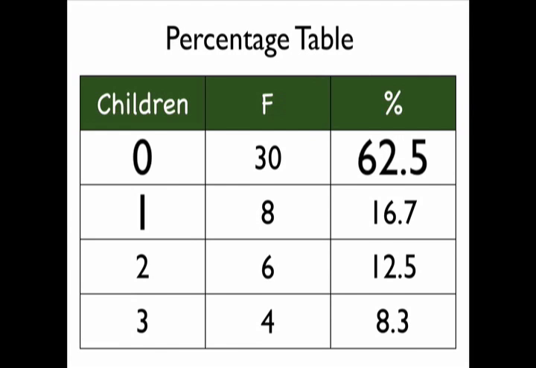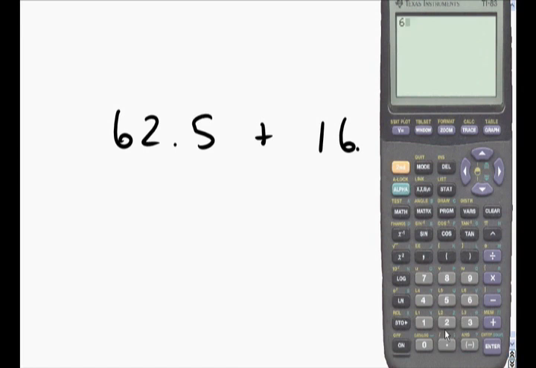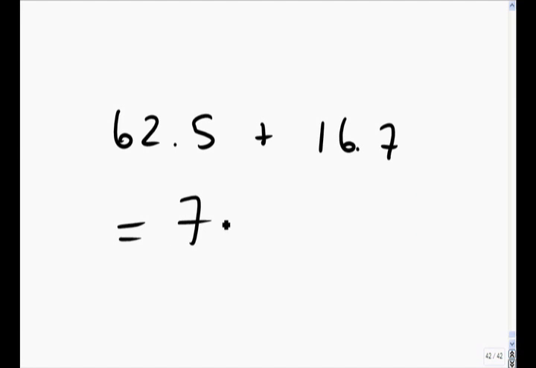So 62.5% plus 16.7% is the answer. 62.5 plus 16.7 is 79.2. 79.2% of the class has less than 2 children.